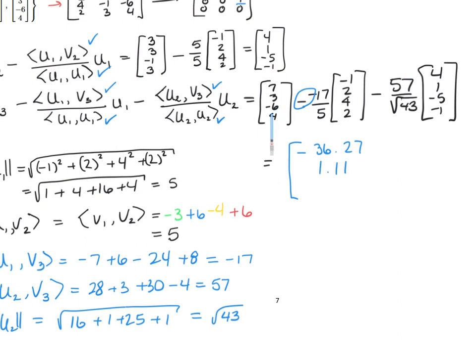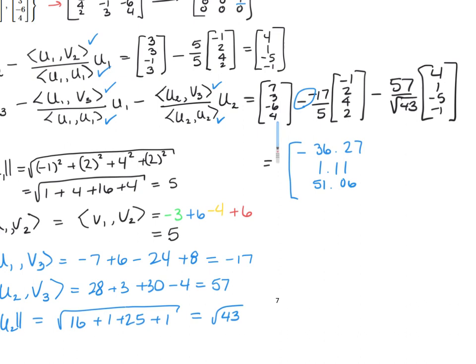I'm going to do my next one, negative 6 plus 17 over 5 multiplied by 4 minus 57 divided by 43 multiplied by negative 5. And this one gives me 51.06.